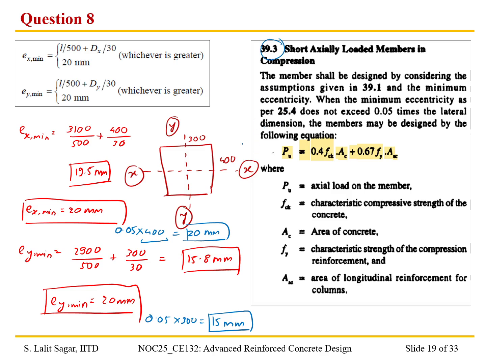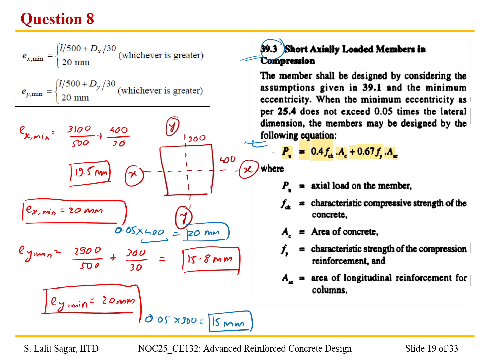Then we can apply this equation. So in the current state with dimensions of 300 by 400 millimeter, we cannot apply clause 39.3, because the minimum eccentricity is exceeding 0.05 times the lateral dimension about the y-axis.